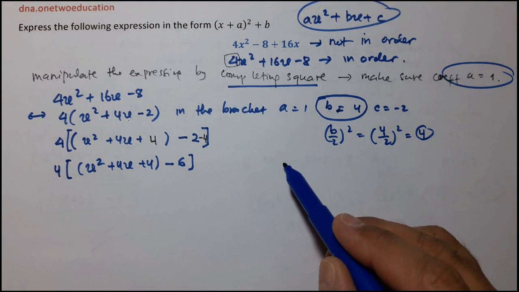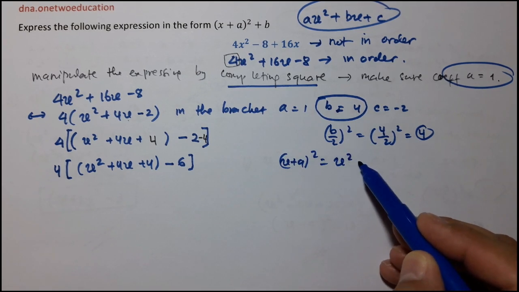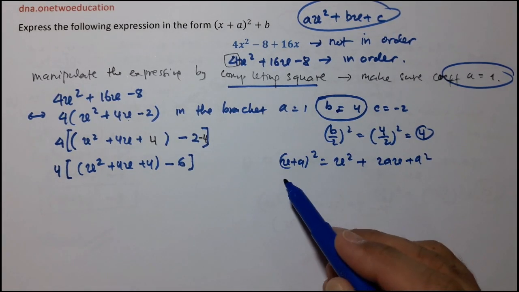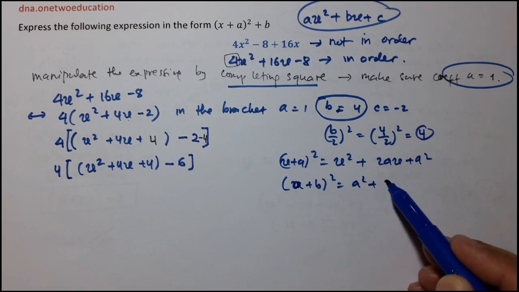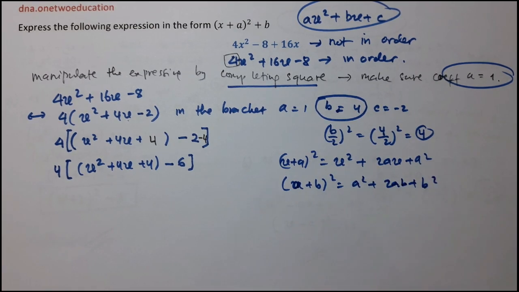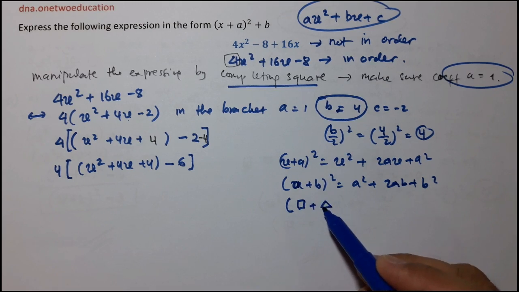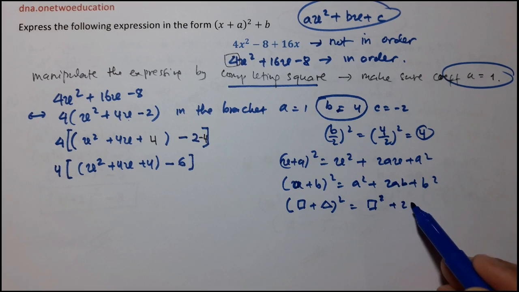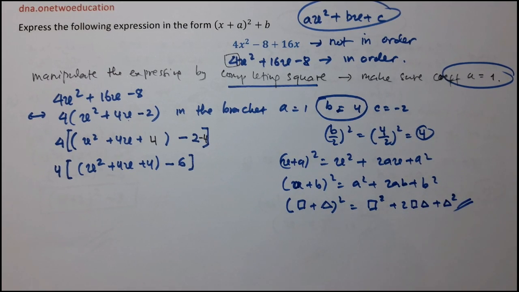Once again, I want to write the formula: (x + a)² equals x² + 2ax + a², or (a + b)² equals a² + 2ab + b², or square plus triangle squared equals square squared plus 2 times square times triangle plus triangle squared, right?